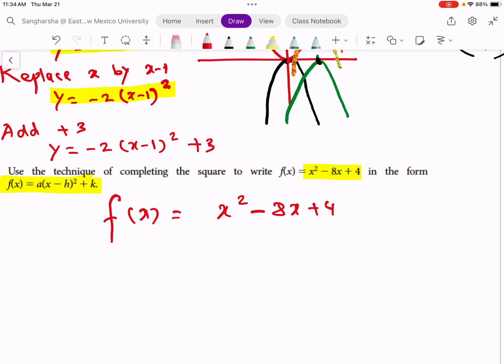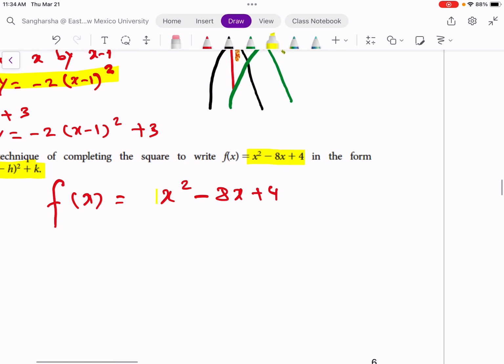And the next step is that we will write this expression in a square of a binomial, and that's the one that we did in our previous lecture as well. So we had completing the square. We solved our quadratic equation using the completing square method, and that's what we're going to do here.